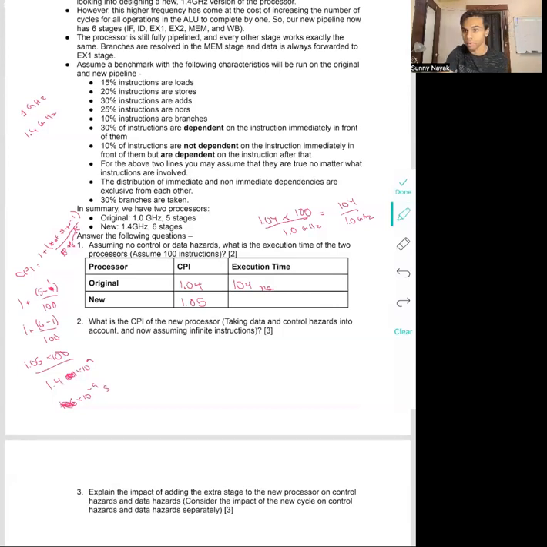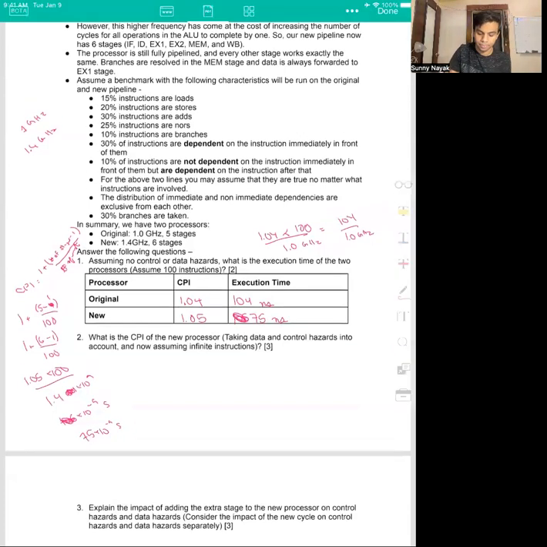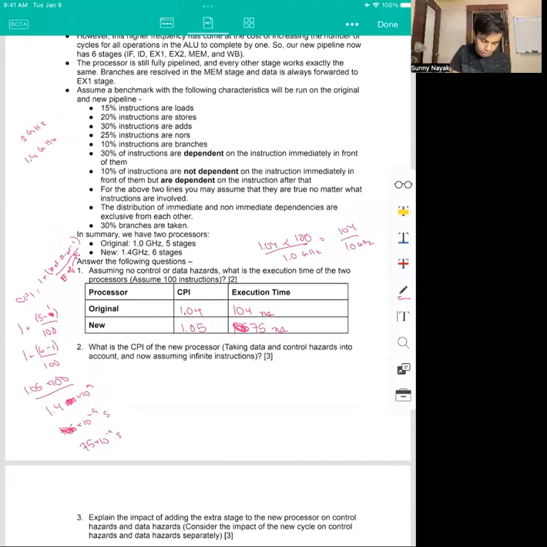It'll be 105 divided by 1.4, let me pull out my calculator. 105 divided by 1.4 is 75. So we're going to have 75 times 10 to the negative 9 seconds, or shoot, 75 nanoseconds. And so we have our answer there.